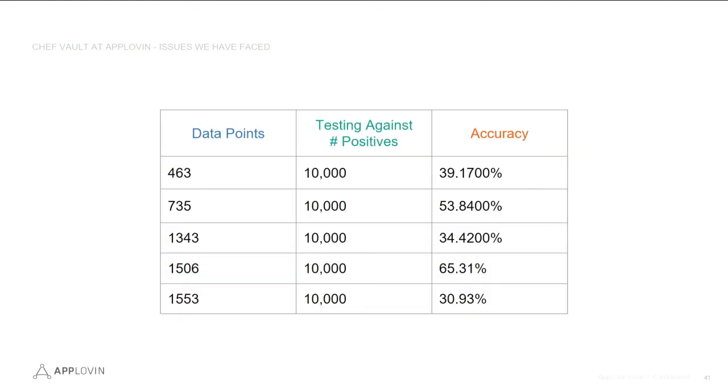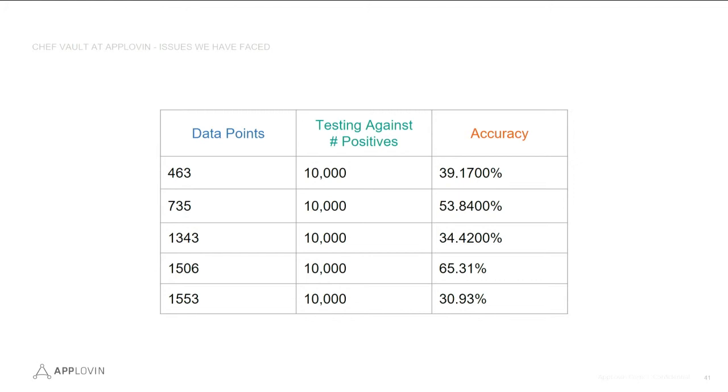Some of the data points that we've seen: this is testing against 10,000 positives. And as we went through the tests, it was actually pretty scattered. It was all over the place.